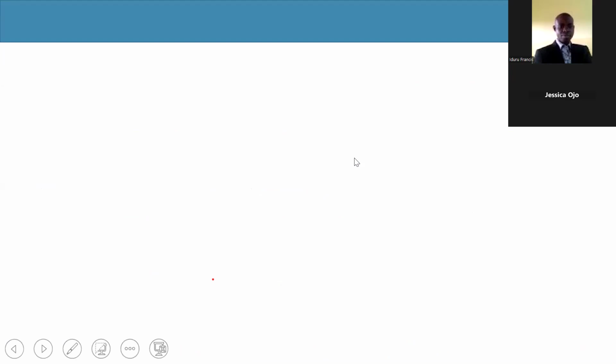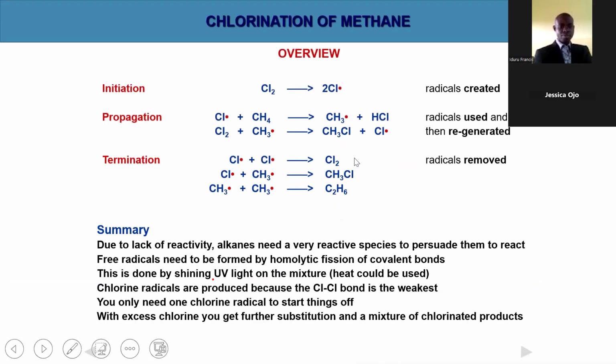Now let's look at the overview of what we learned under substitution reaction mechanism. We have the 3 steps: the initiation, the propagation and termination. You must know that the propagation is always double. It's a double step.